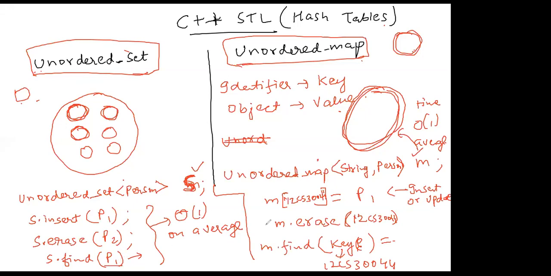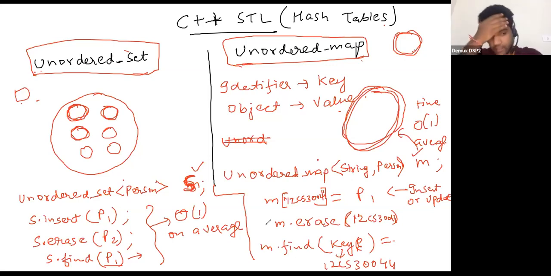So, sir, specifying the entire person object would mean specifying all the attributes of that object, right? Yeah. One object you create of the person, you specify all the attributes that you want to search, and it will find it. So for that object, you will have to have defined an equality operator. C++ needs to know how you are comparing two objects of the same type.